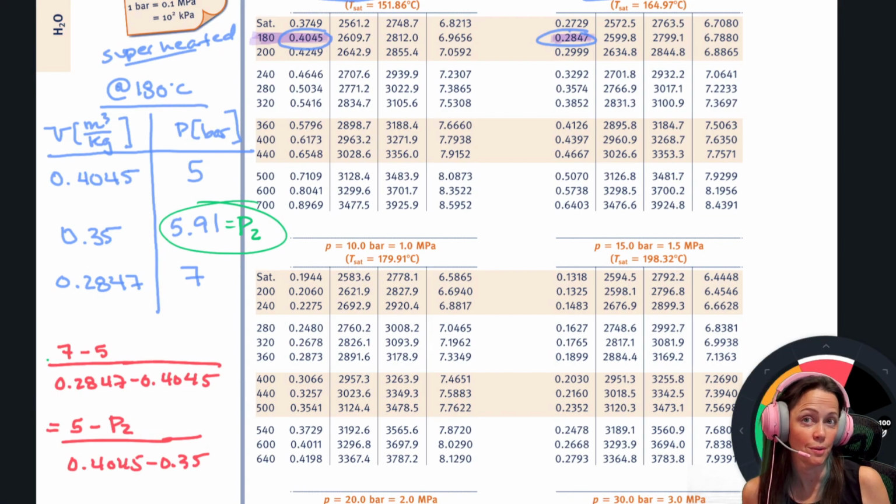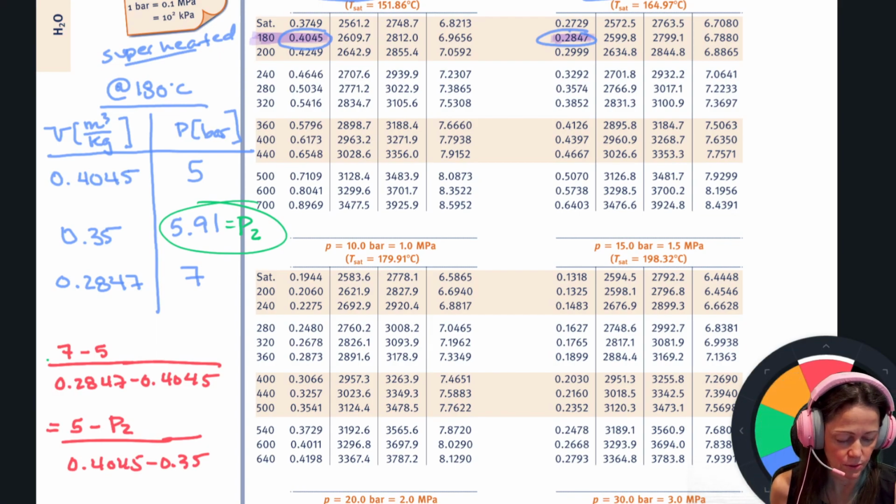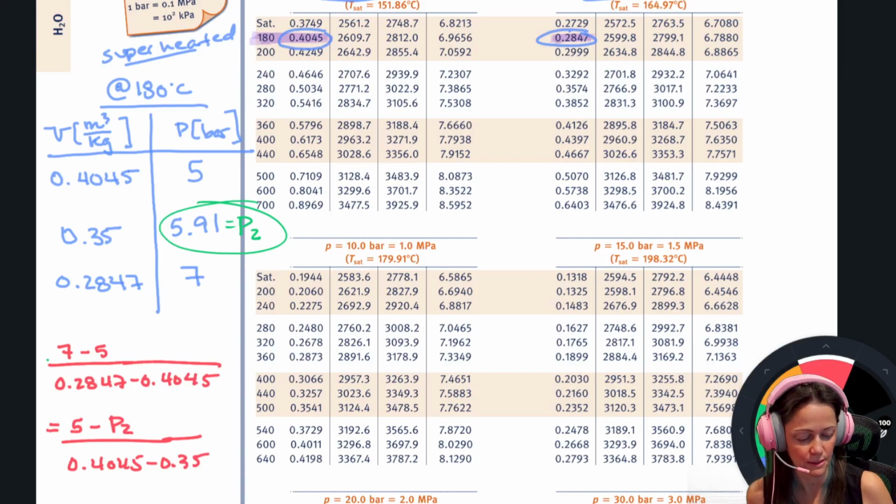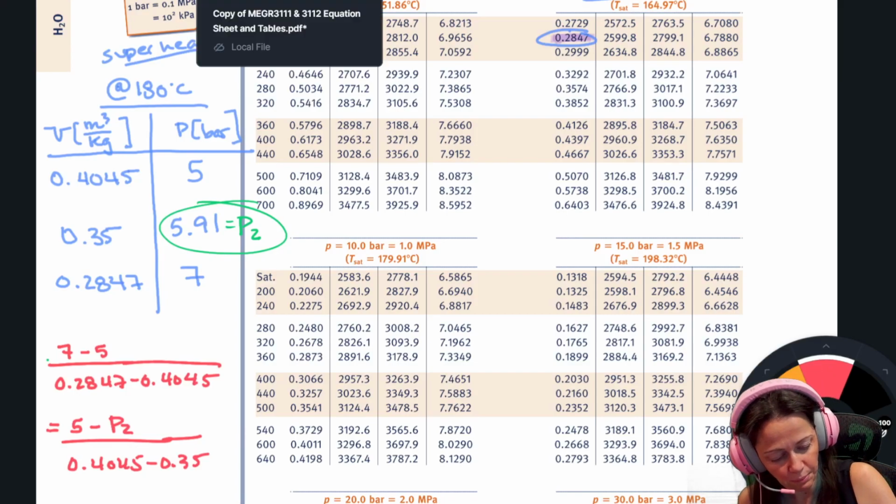That's going to get you something outside that range of 5 and 7 for P2. So just be aware of that. Always be consistent, whether bottom to top or top to bottom.